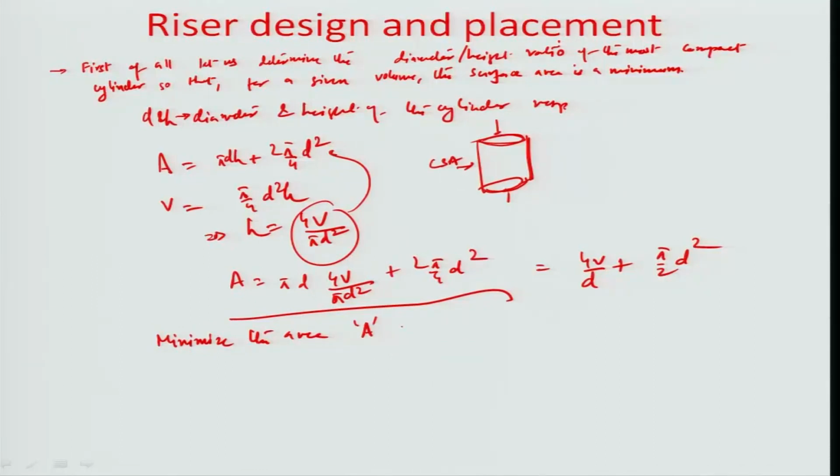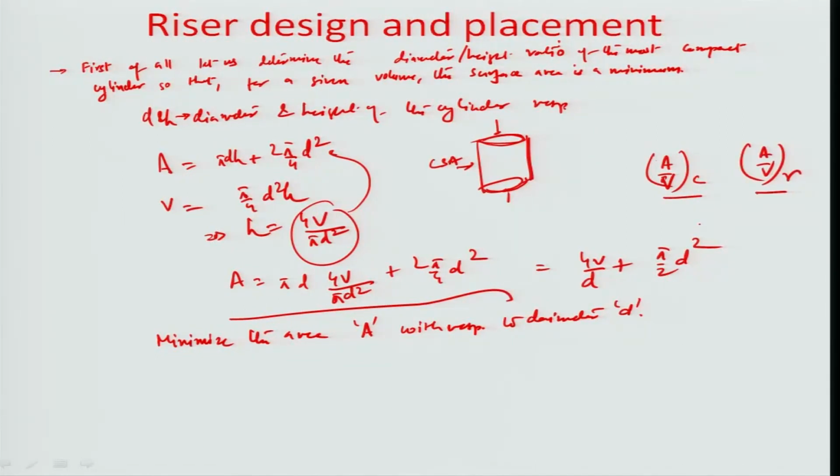If you may further recall, we tried to minimize the area with respect to the varying diameter, meaning thereby that the whole goal here is that the A by V ratio for the cast vis-a-vis the A by V ratio for the riser needs to be calculated.